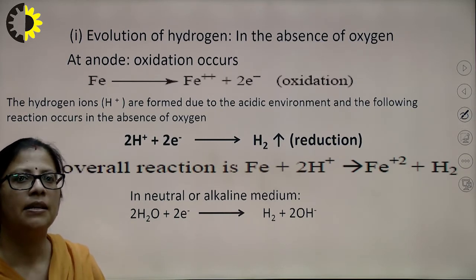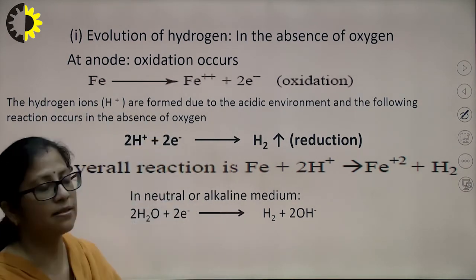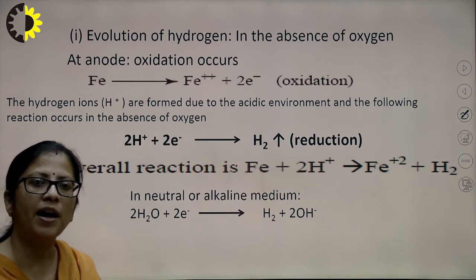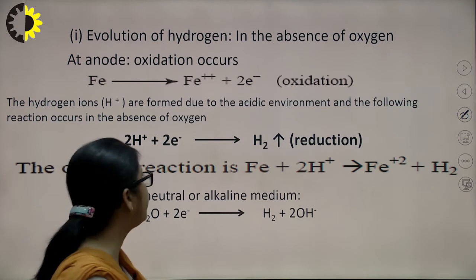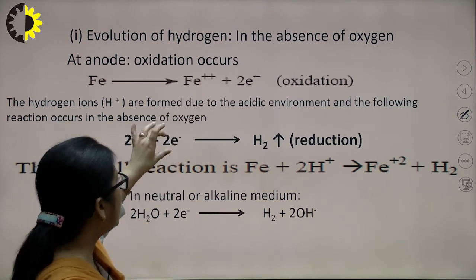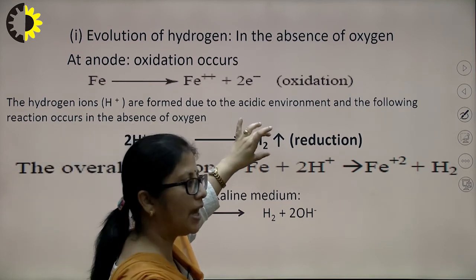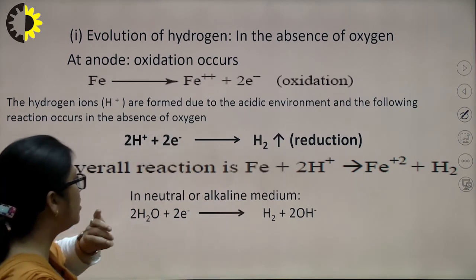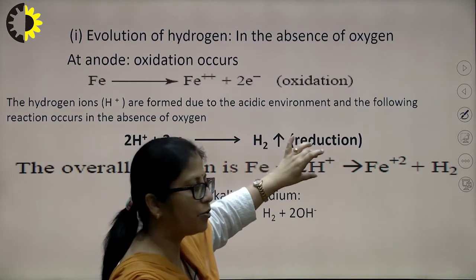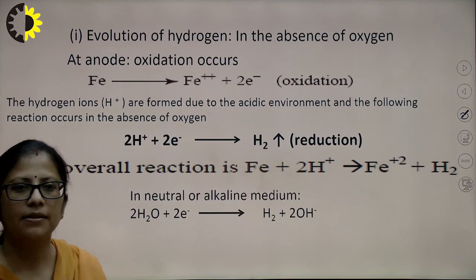And these hydrogen ions are formed due to the acidic environment, and the reaction that is going to take place in acidic environment and in the absence of oxygen is that these hydrogen ions are going to accept the electrons from the anode and release hydrogen gas. So, this is the reduction reaction, and the overall reaction will be iron reacts with hydrogen ions to form ferrous ions and release hydrogen gas.